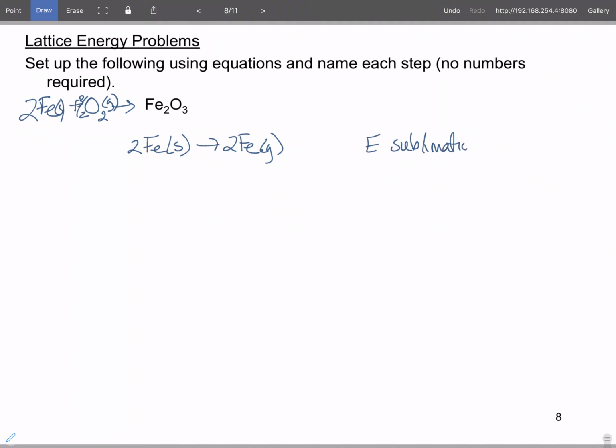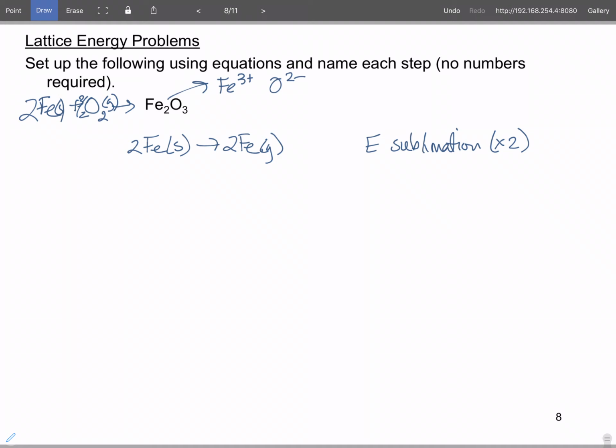Remember, sublimation is to go from a solid to a gas. And you would multiply this by 2 if you were actually doing the math. Then from there, we need, in this compound, iron's going to be 3 plus and oxygen's going to be 2 minus.